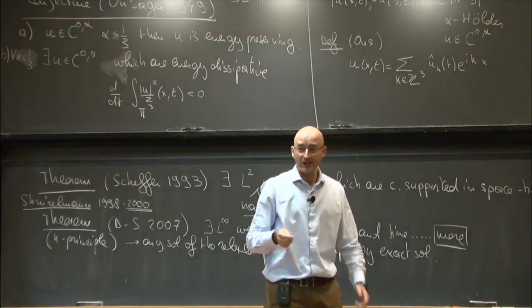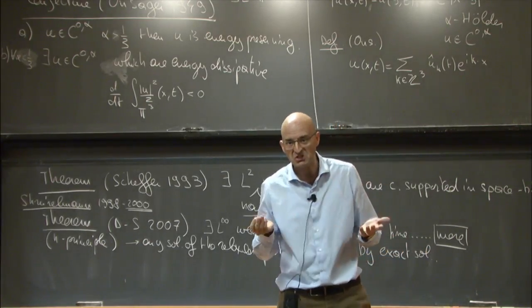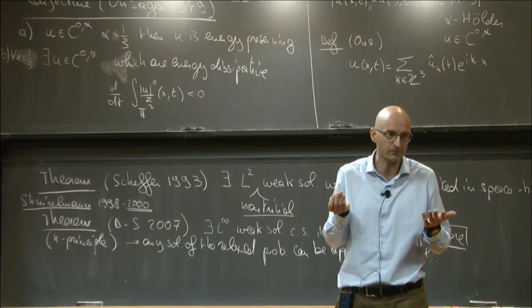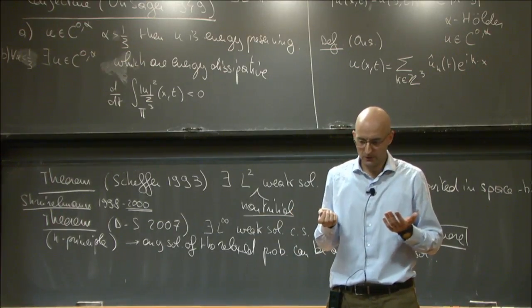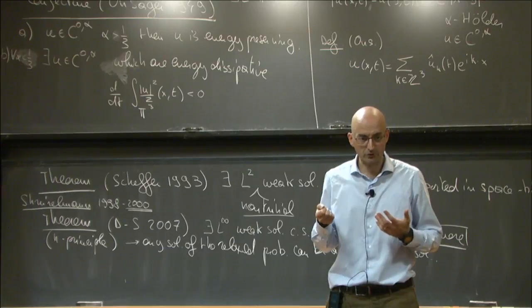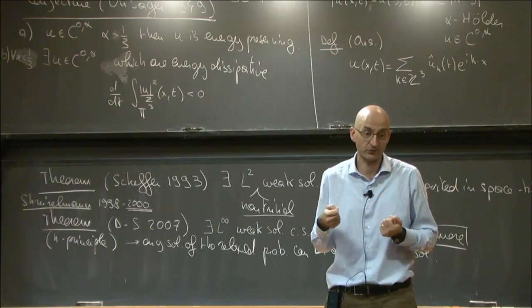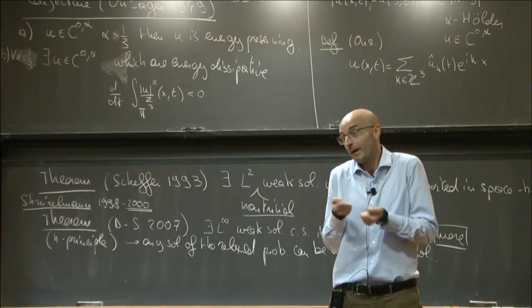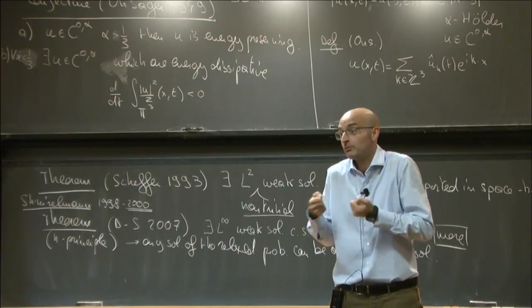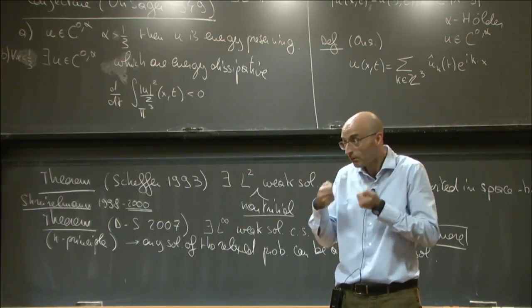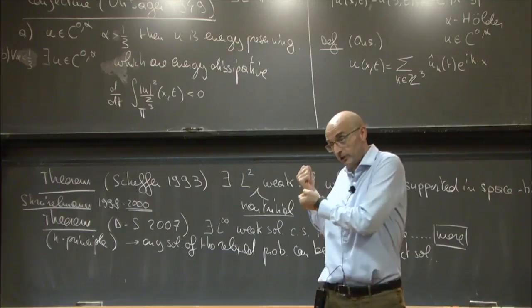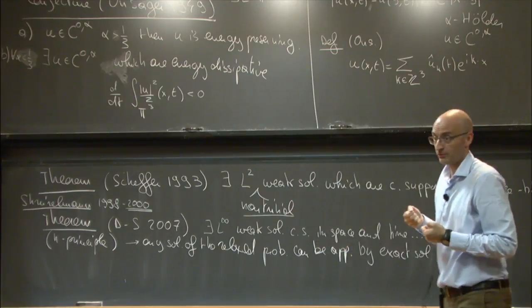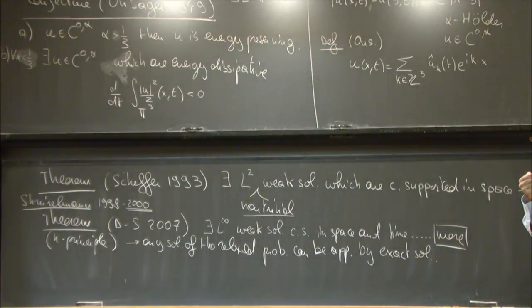Okay, and this is very surprising because it's telling you something which is unexpected, at least was unexpected. That is that, at least at the level of weak solutions, the solutions of the Euler equations are rather flexible. So you would expect that there is some rigidity. For instance, you would expect, I don't know, they are unique because it's a system in classical physics which is determined. But if you're just looking at weak solutions, then it's actually rather flexible.